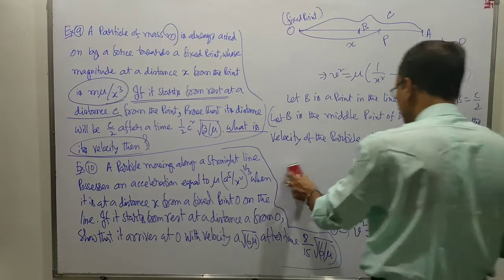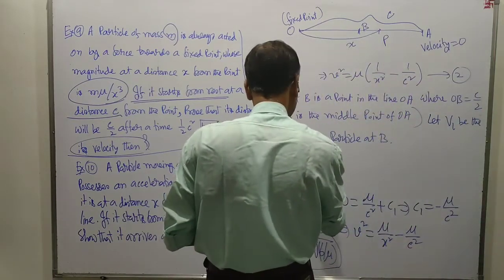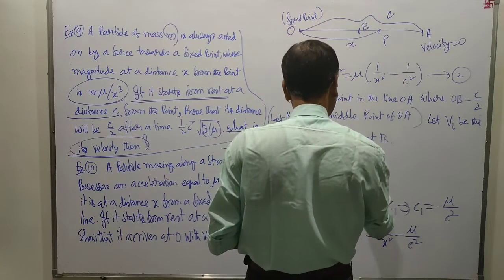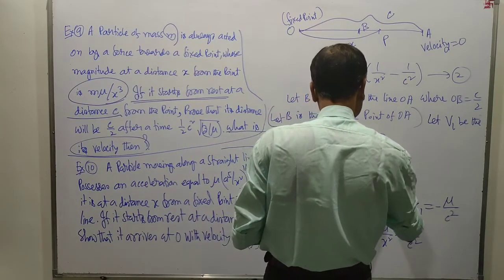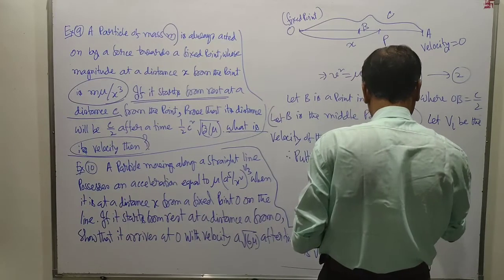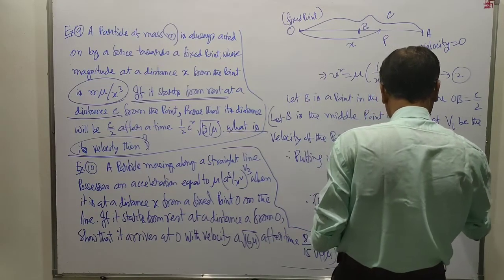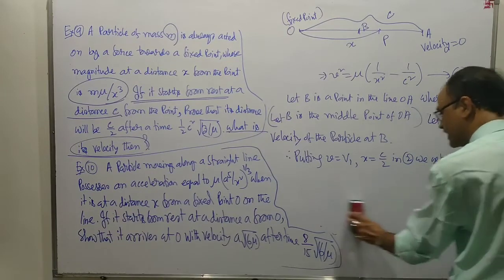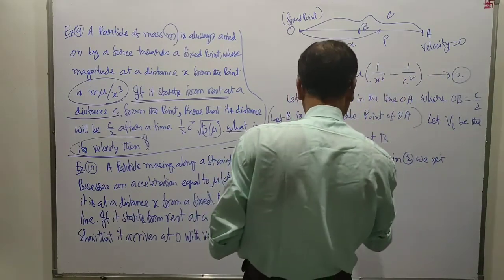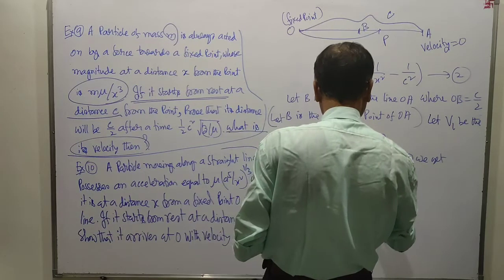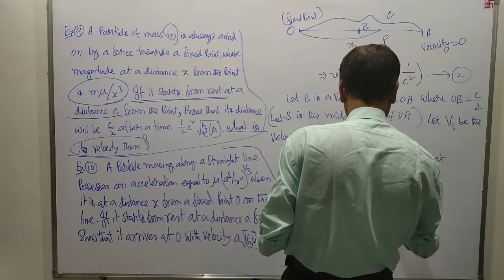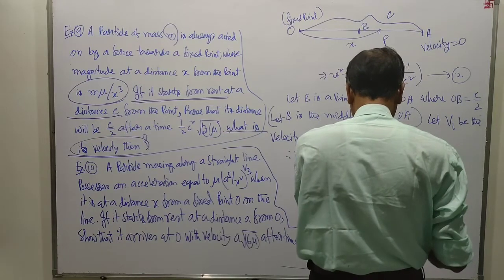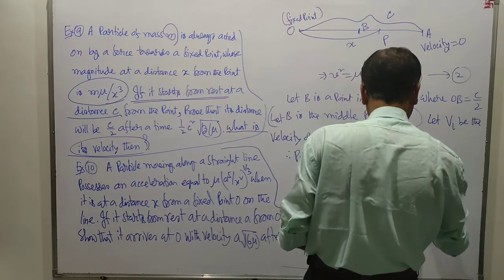Velocity of the point. Therefore, putting V equal to V1, x equal to C by 2, we get, you may write V1 square equal to mu into (1 by (C by 2) whole square minus 1 by C square).